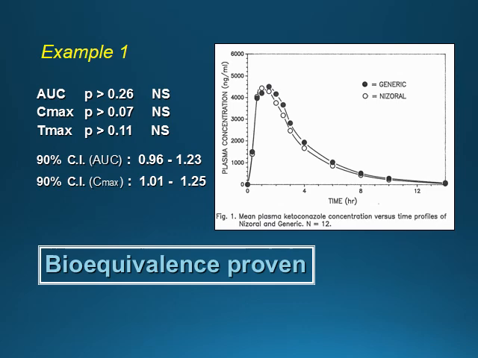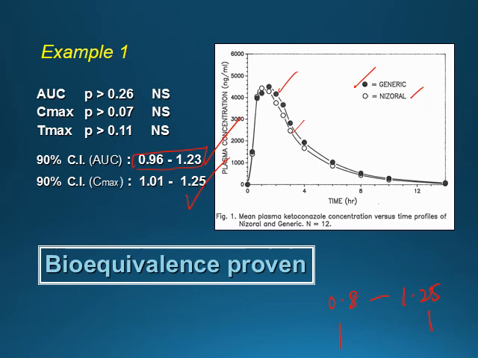For example, when you have the generic, the black one, and the innovator, the circle, with their 90% confidence interval of 0.96 to 1.23, this one passes the criteria, and the Cmax is 1.01 to 1.25. Yes, they also pass the criteria because they are within 0.8 to 1.25.